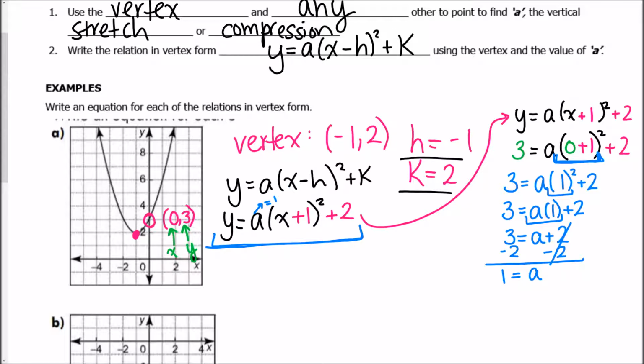So all I have to do is plug in that 1 here instead. So this is going to say y equals 1 times x plus 1 squared, and then just +2. And this is my equation for this parabola right here. Okay? Now I don't have to put the 1 there, but it's totally okay to put it there.